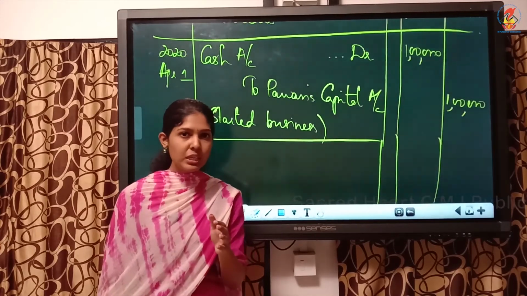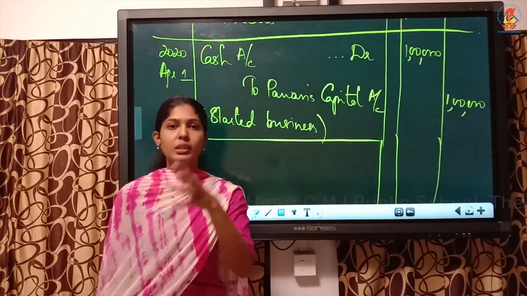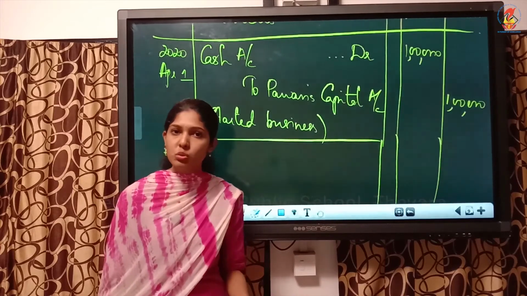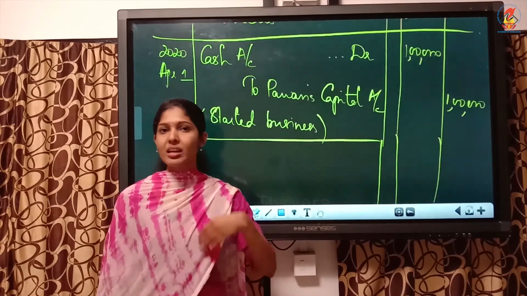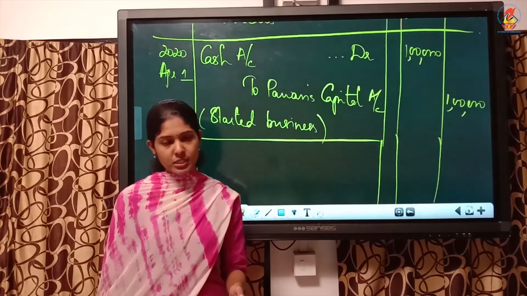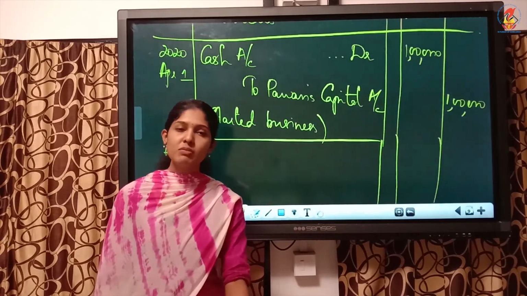So what is happening here? Using the owner's personal amount, the business is opening their bank account. Are we supposed to do that? No, the owner's assets and the firm's assets are entirely different, because we are following the separate entity concept. So here we are using the owner's amount. Shouldn't we give it back?